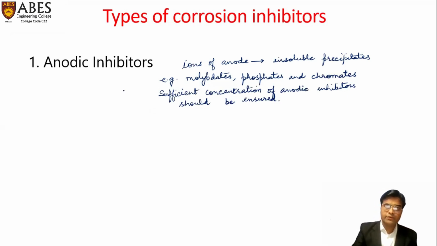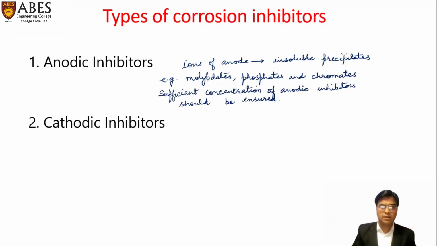The second kind of corrosion inhibitors are cathodic inhibitors. These are the inhibitors which are adsorbed on the metal surface of the cathode, and they function as the protective layer. So they inhibit the cathodic reaction, and this is how they prevent the corrosion process.